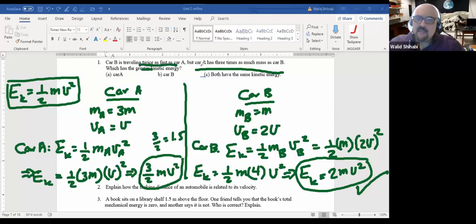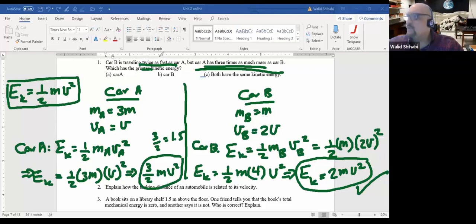Now, yes, car A has 3 times the mass, but we learned that the speed has more influence. Okay, the speed has more influence than the mass. So when you square the velocity, this will give you more effect. So if you increase the velocity twice, by 2, this will increase the kinetic energy by 4, because 2 squared.